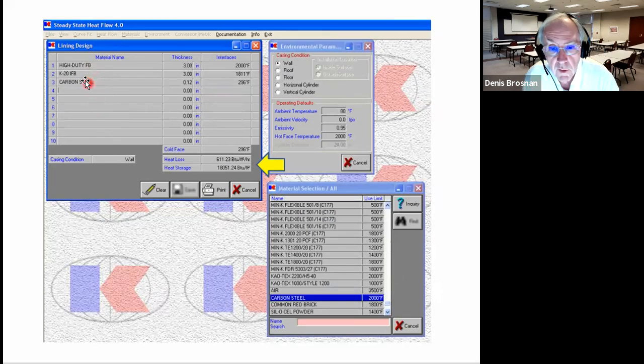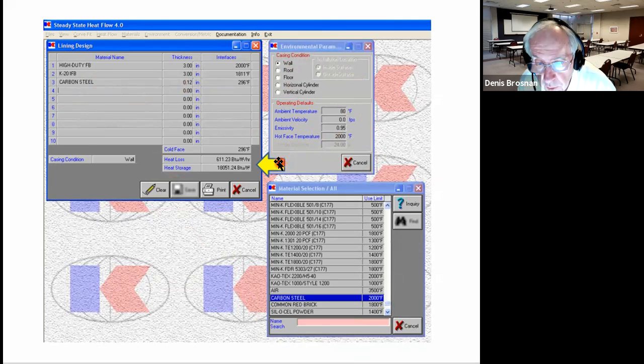So then I clicked on this third layer, and I added a carbon steel shell for this particular furnace. And once I entered the thickness of the shell and had everything in order, I clicked on the program just about anywhere, and it will instantly do the calculation for the environment that you have picked.